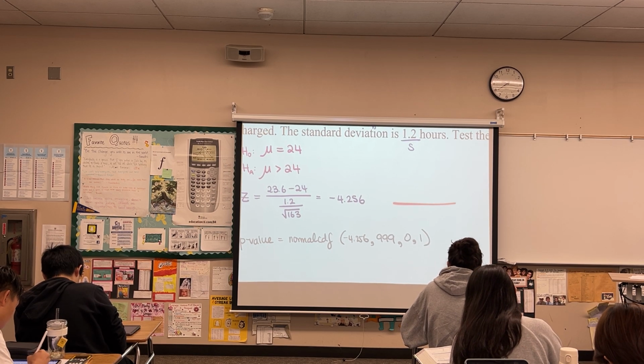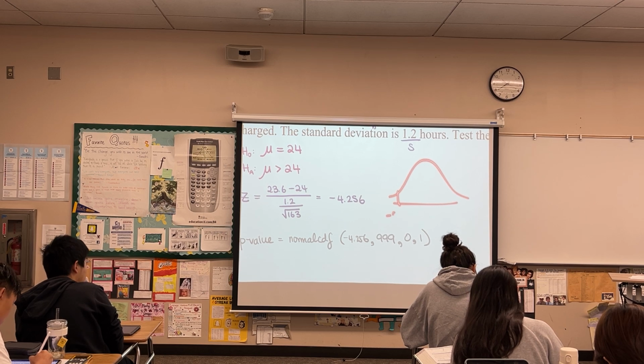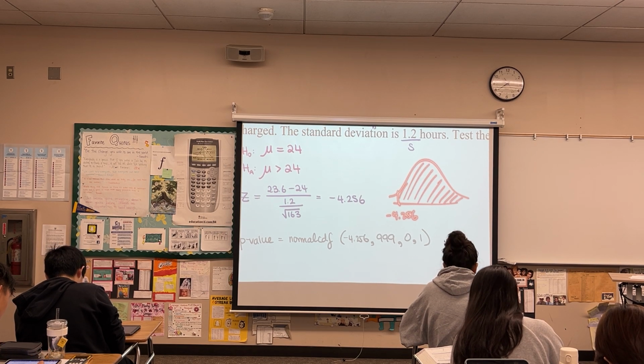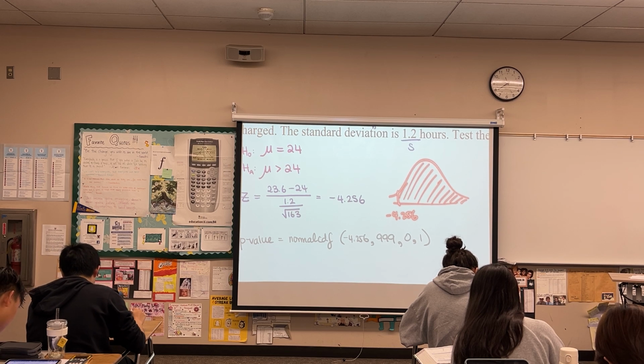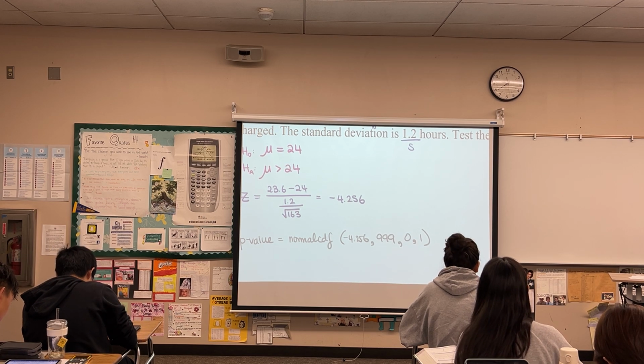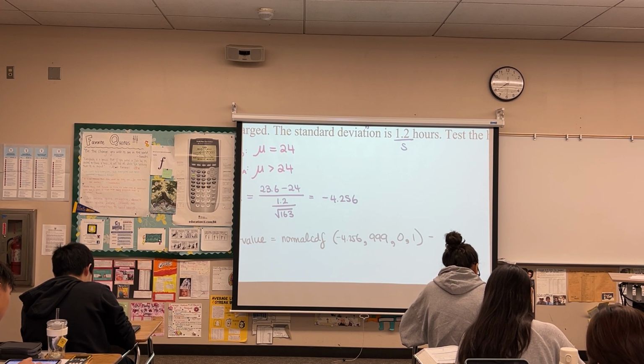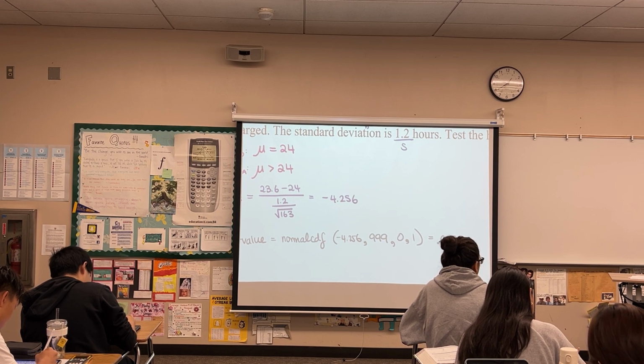So the idea is that here's my sample, I'll find this here. That's going to be a big p-value. In fact, it ends up being 0.9999. So very likely to happen.